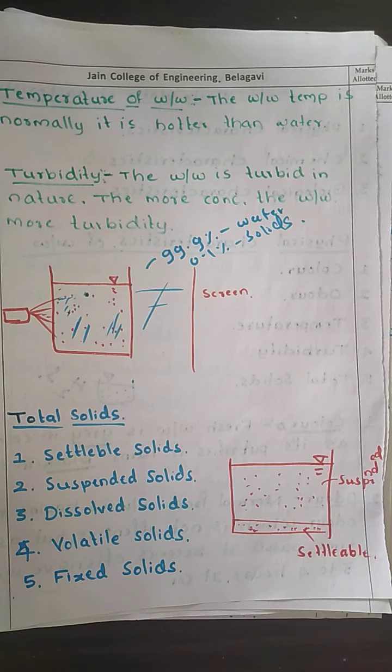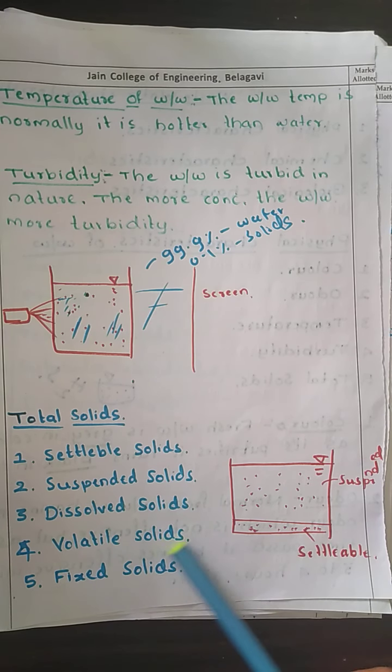Now what are dissolved solids? Dissolved is nothing but they are completely mixing with water. These are the solids which are going to completely mix with water. The solids which have completely mixed with water, we call dissolved solids. Now what are volatile solids?